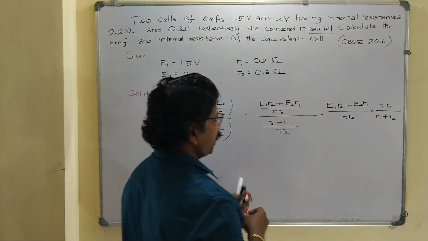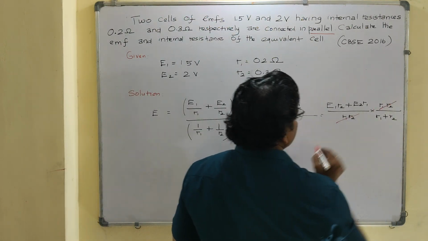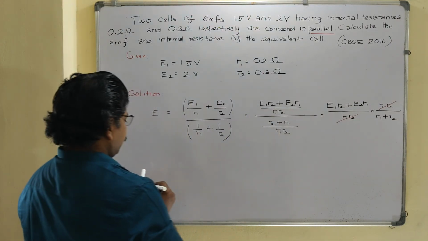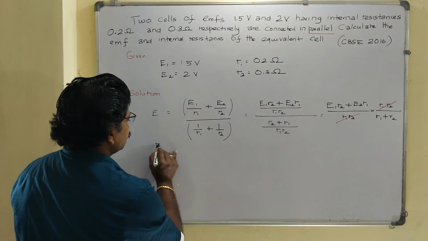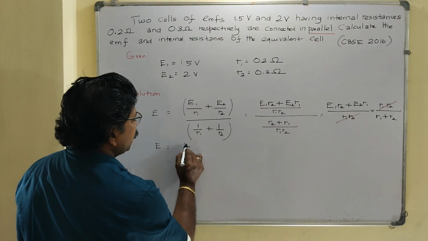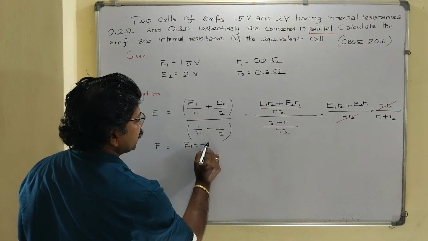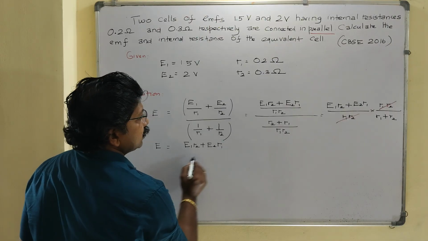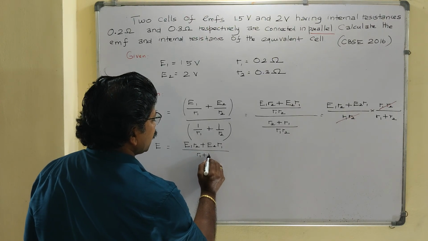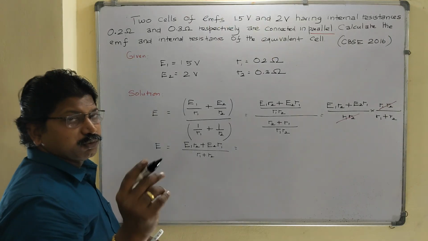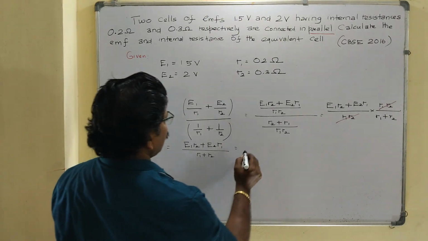Now this R1 R2 cancels. So the formula becomes E equal to E1 R2 plus E2 R1 divided by R1 plus R2.